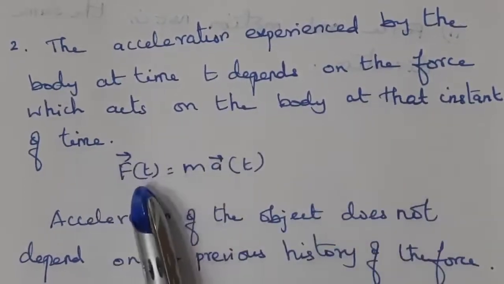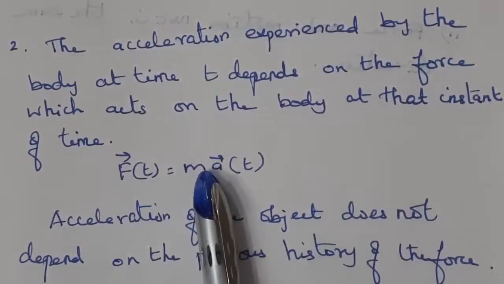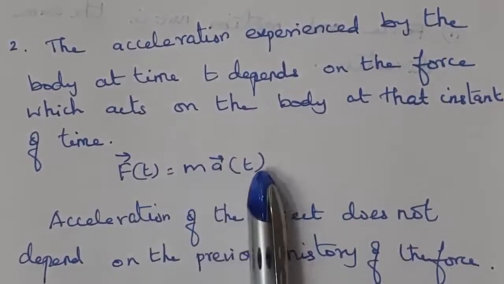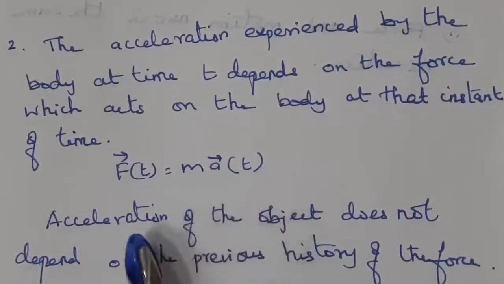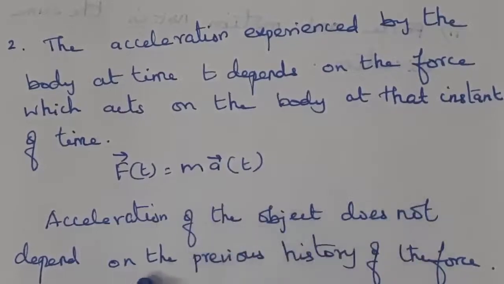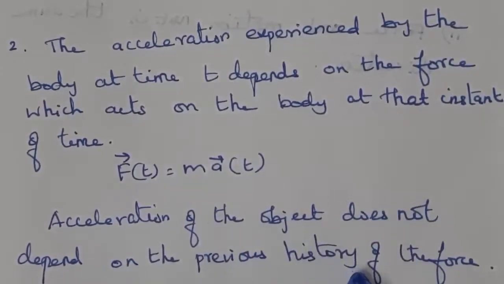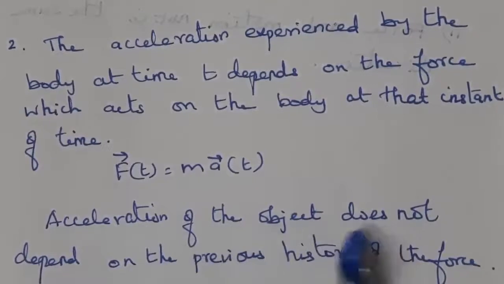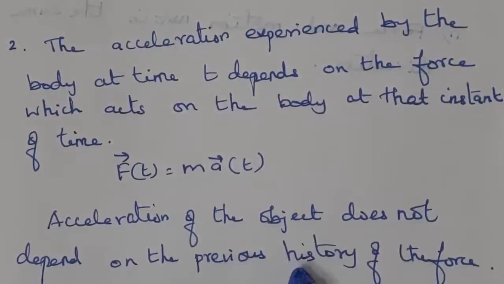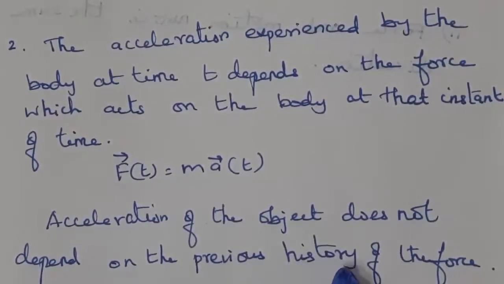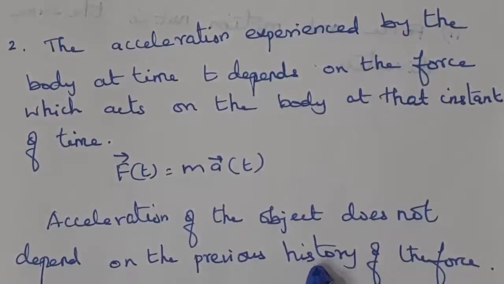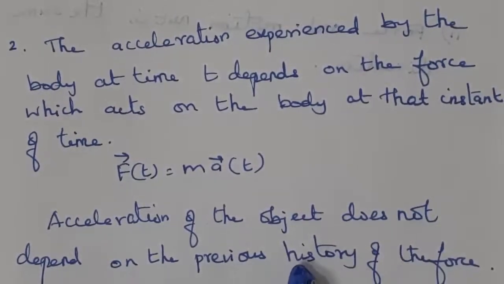That is, F of t is equal to m a of t. That means the acceleration of the object does not depend on the previous history of the force. It depends only on the force at that particular time.